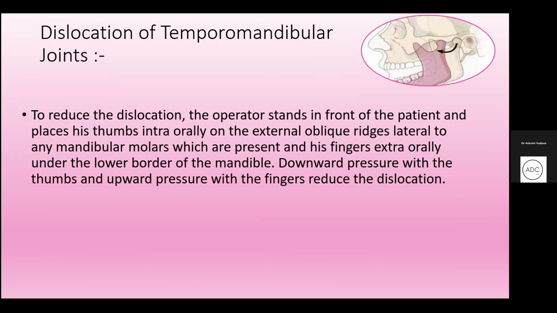You have to apply downward pressure with the thumbs and upward pressure with the fingers, and try to place the TMJ in the proper position. But for that, first of all, you should be thorough with the anatomy of the temporomandibular joint. Then only you can place it in the proper position.